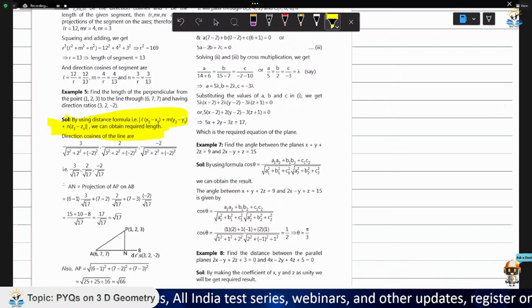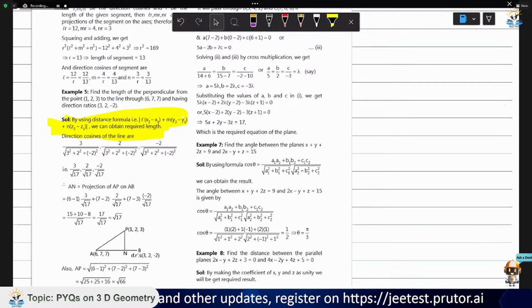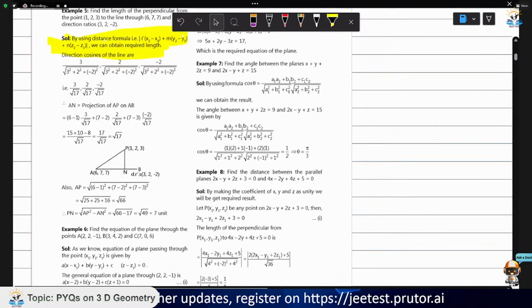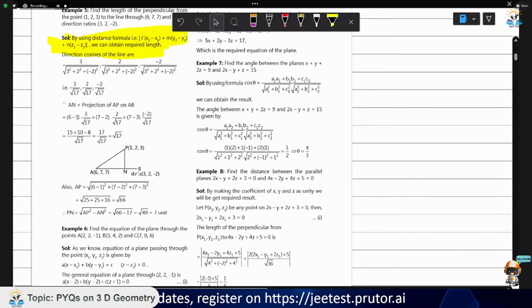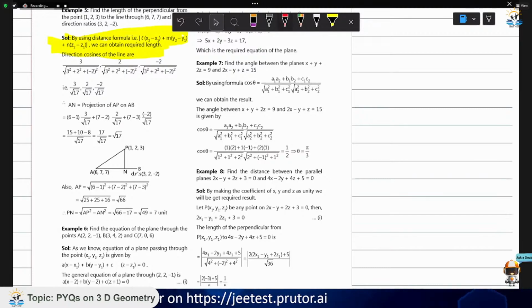AN looks like L into x2 minus x1 plus m into y2 minus y1 plus n into z2 minus z1. So we know the length of AN. If we know AN and AP, then calculating the perpendicular length PN is not a tough job, because the Pythagoras theorem is applicable on any right triangle. So we apply Pythagoras and find the value.